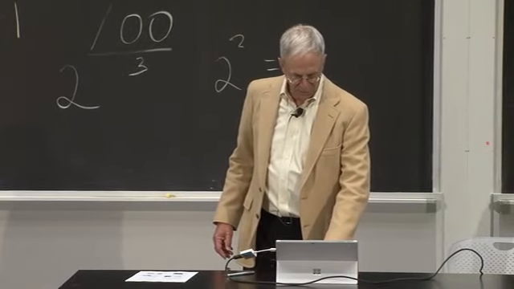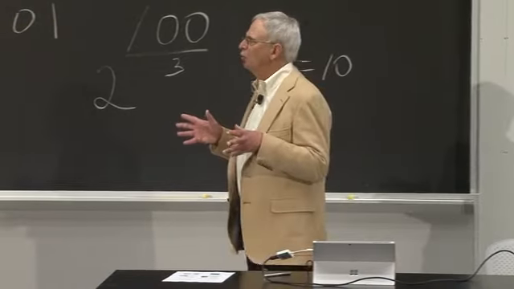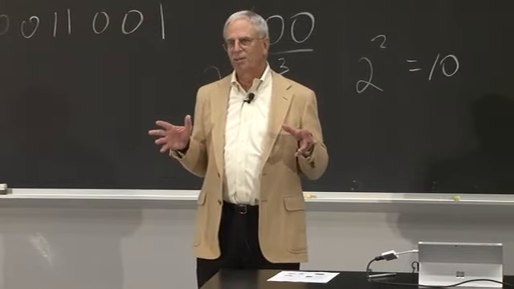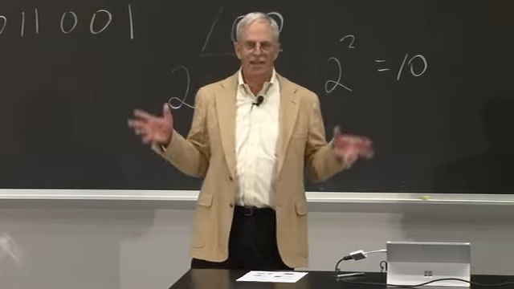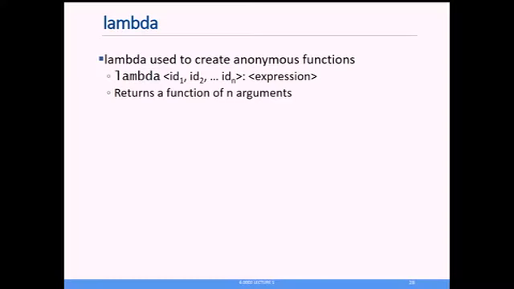So let's talk about lambda and then come back to it. Lambda is used to create an anonymous function. Anonymous in the sense that it has no name. So you start with the keyword lambda. You then give it a sequence of identifiers and then some expression.